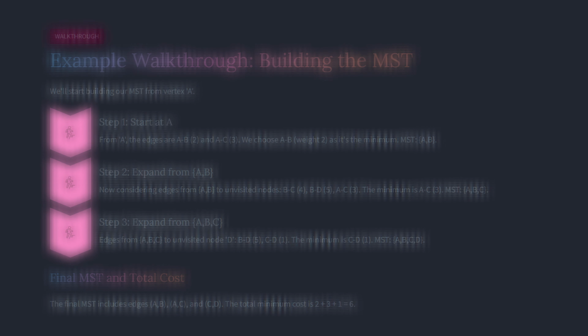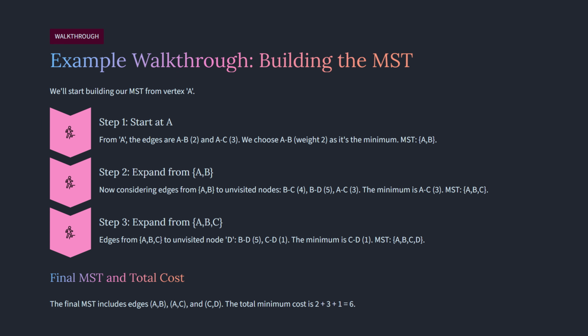From A, the available edges are A to B and A to C. The smallest one is A to B with weight 2, so we select it. Now our tree contains A and B. Next we consider all edges from A and B that go to unvisited vertices. The smallest among them is A to C with weight 3, so we select it.